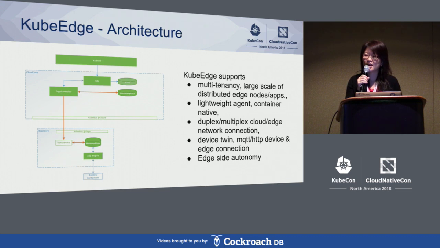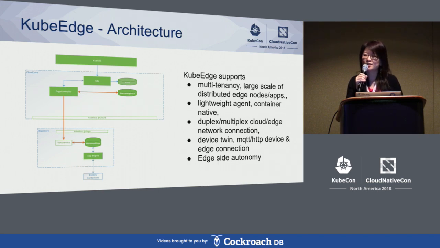Secondly, the KubeEdge agent at the edge side is a lightweight agent. At this point, it has about a 10 to 20 megabyte footprint. So obviously, you can run it on 128 or 256 meg resource-constrained devices or edge nodes. And if you use it on your server, obviously you can save management overhead.